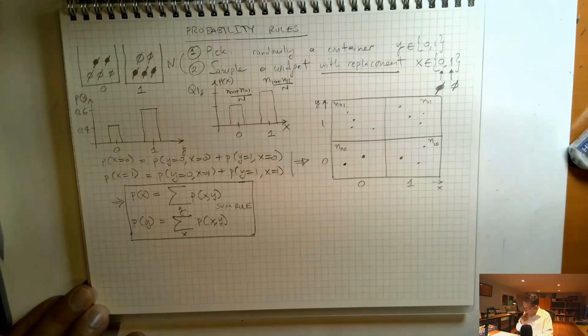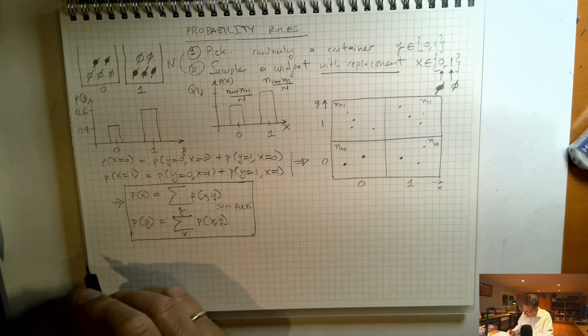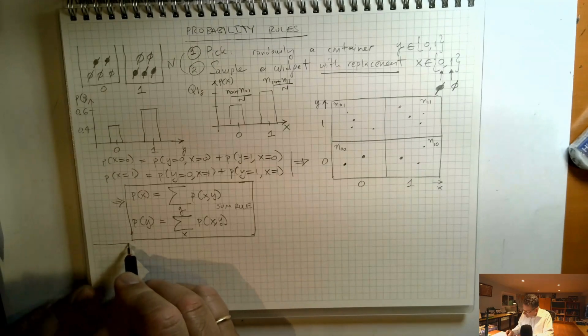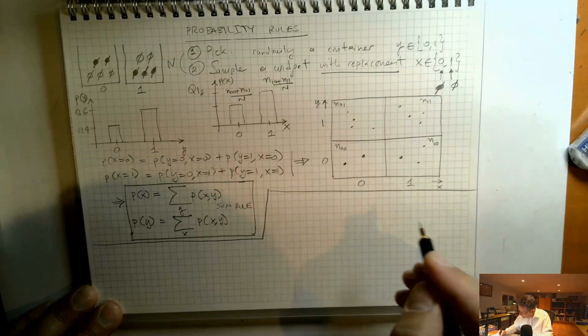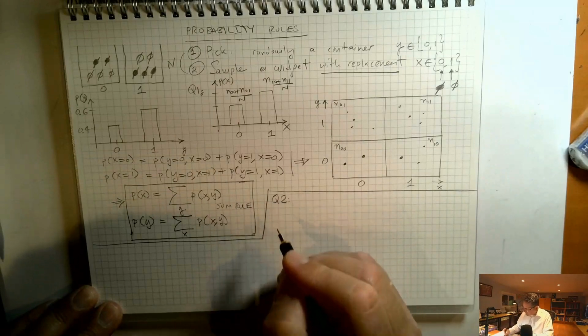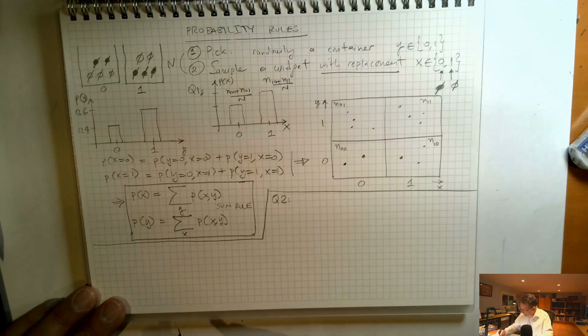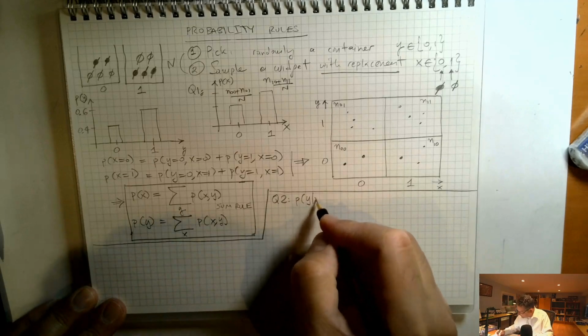So now the second question comes, and let me just separate the second question over here. The second question is, can you tell us anything about the P of Y given X?